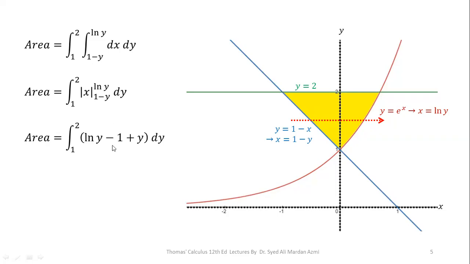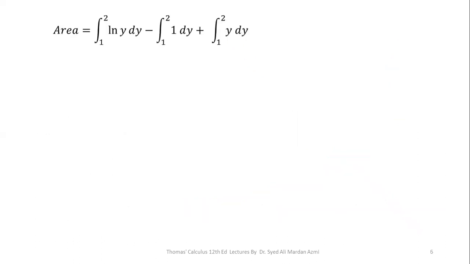After this, we have three terms. So we will apply integral limit from 1 to 2 with respect to y on each term separately. In the next step, we will solve it. For the first integral, limit from 1 to 2 natural log of y dy, we don't have any formula for natural log of y.